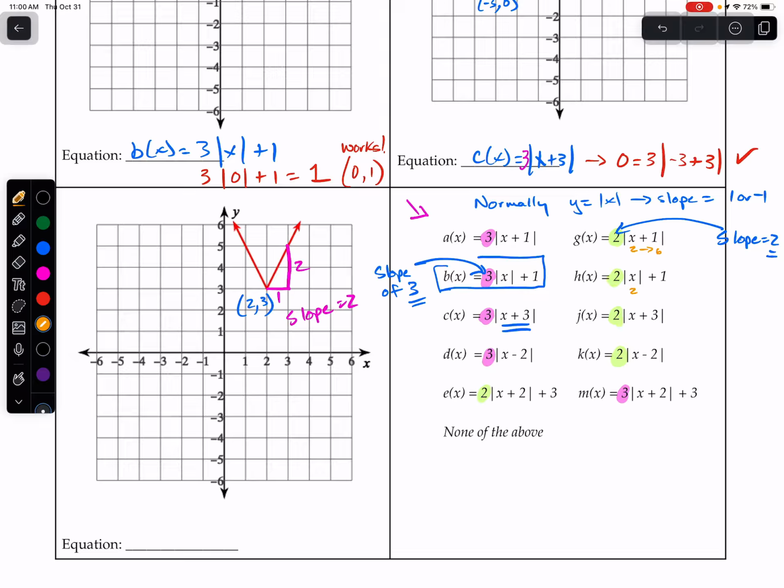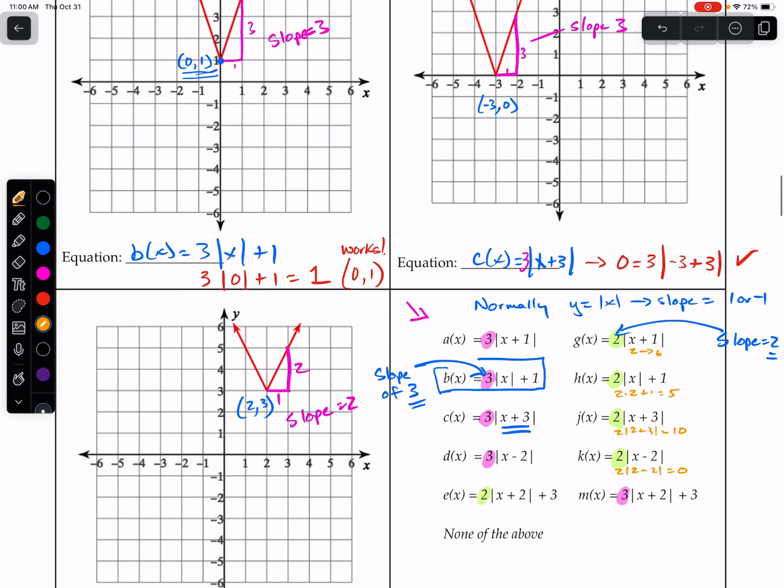Here when I plug in 2, 2 times 2 is 4, plus 1 is 5. Here when I plug in 2, I get 2 times 2 plus 3 is 10. Here when I plug in 2, I get 2 times 2 minus 2, that's 0, so I get 0.